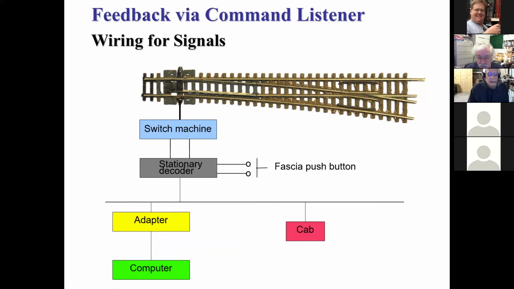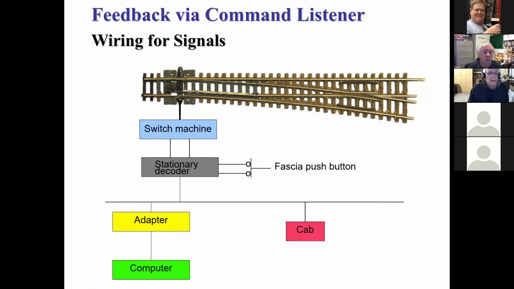Suppose that the operator, the engineer, uses a switch on the cab for throwing the points. Well, the computer will see the command that goes out on the bus to the stationary decoder, and just as though the computer had moved the points, it can say, okay, I understand that the engineer has thrown the points, so the points are now moved.